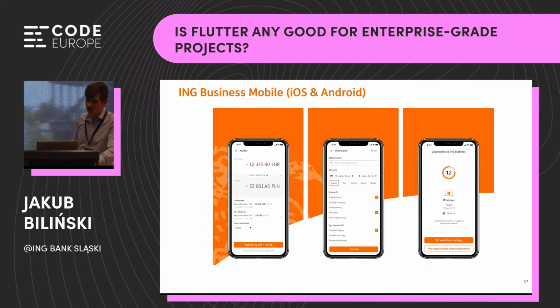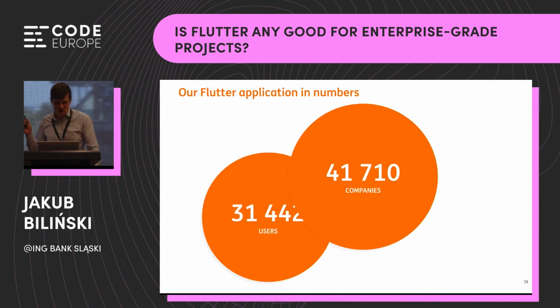Solving problems is great because we can solve that in one place, and it solves on both operating systems. So this is an example that it can work. This is just in a number that the application is used by 41,000 companies, almost 42,000 corporate clients, so a lot.